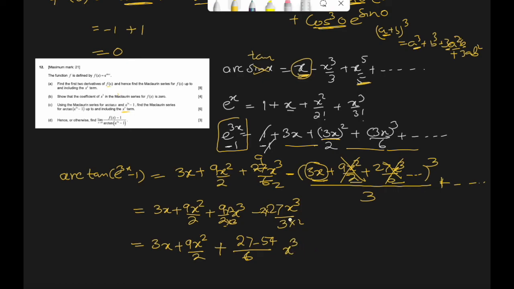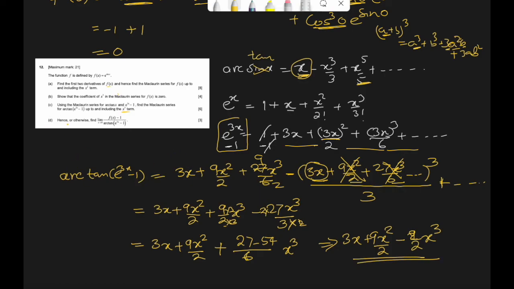Okay, this is multiplied by 2. So finally what answer are we getting? 3x plus 9x square over 2 minus 9 over 2 x cube, since 27 over 6 can be written as 9 over 2. This is the solution of the C part.